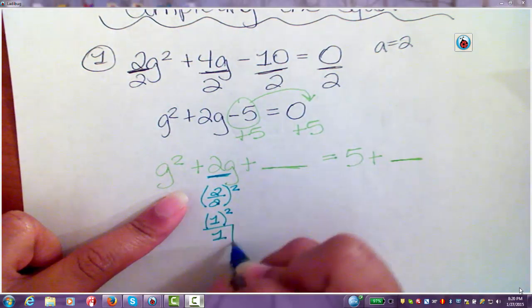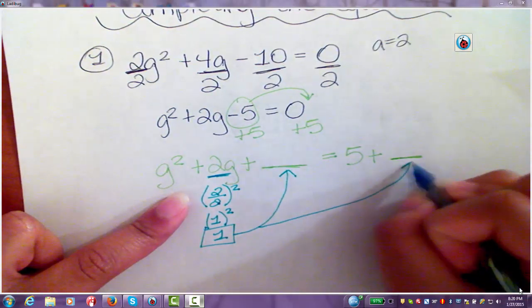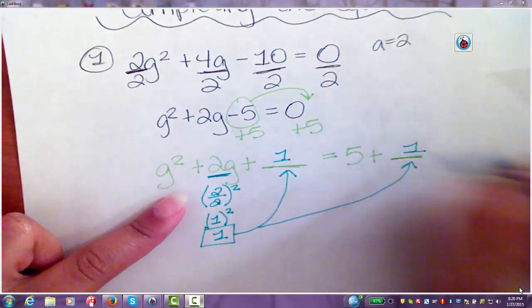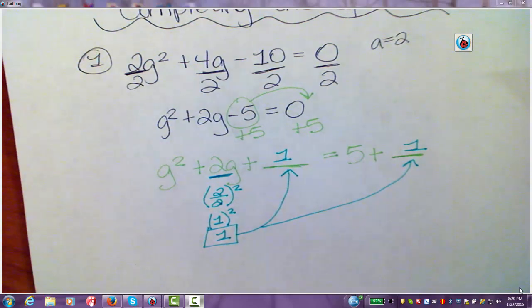So 1 is what goes in the two blanks. So now the left side of our equation is a perfect square trinomial, and we are good to go to factor.